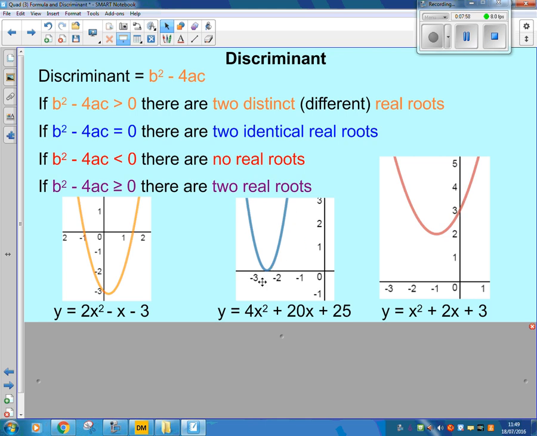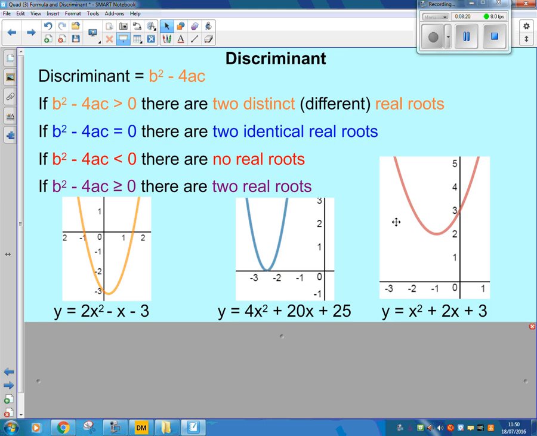It's as if you started off with two real roots, and you move your graph up, and so it's just touching at one point. It's like those two real roots coinciding, okay? So we get two identical or two coinciding real roots.